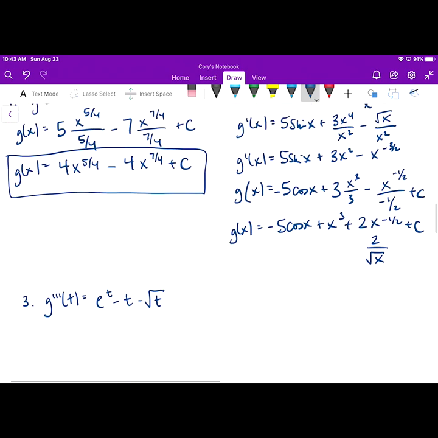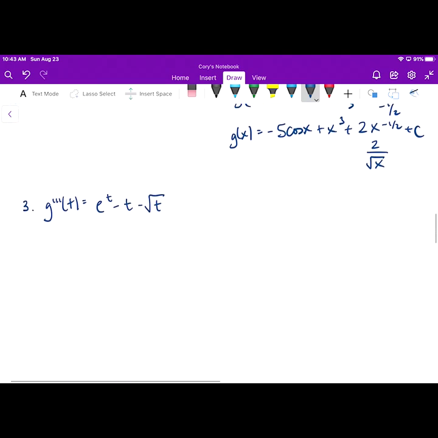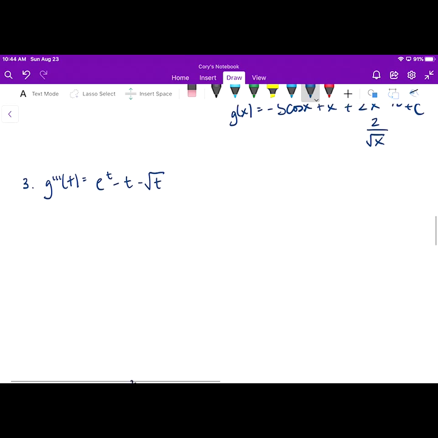So 3 is different. We're not given g prime here, we are given g triple prime. So when we look at that, if we want to go from g triple prime to g, we're going to have to wind up taking 3 antiderivatives in this case.